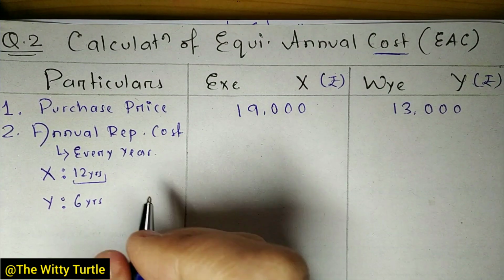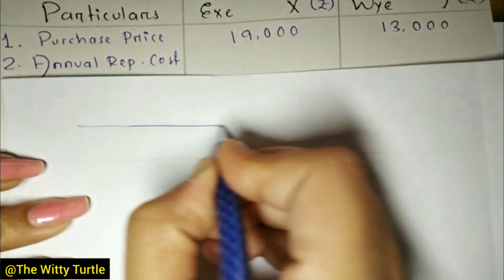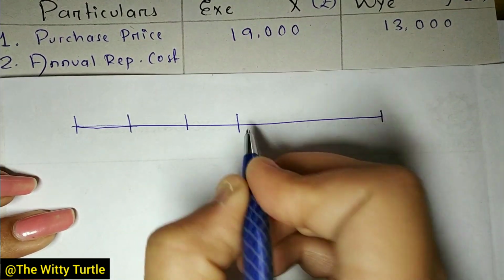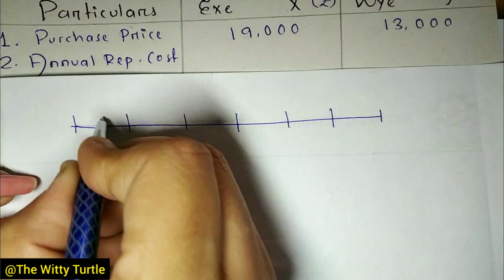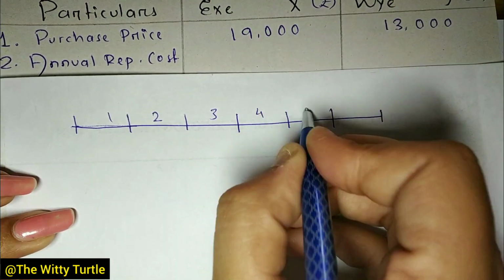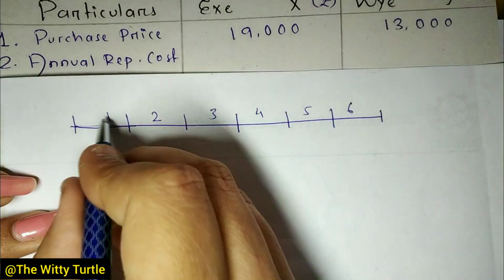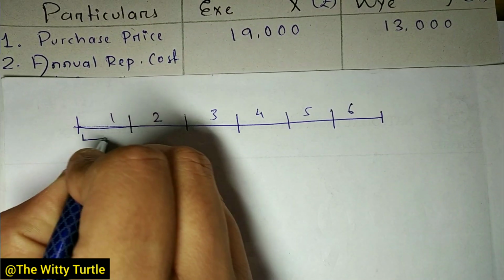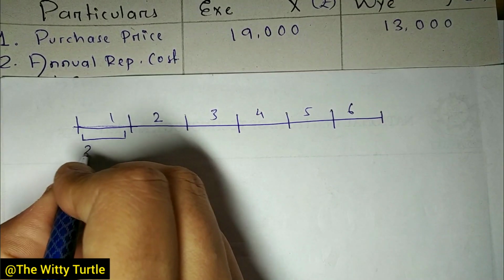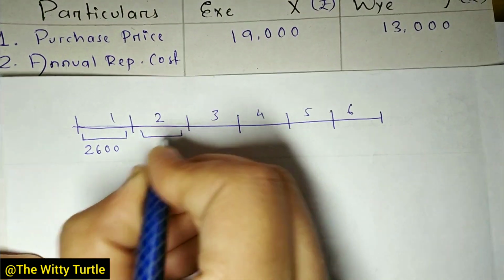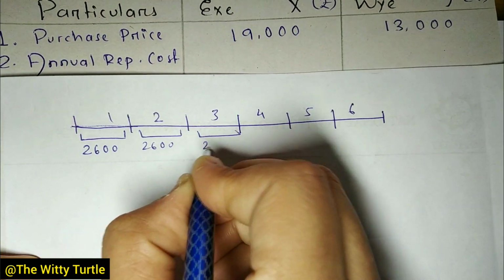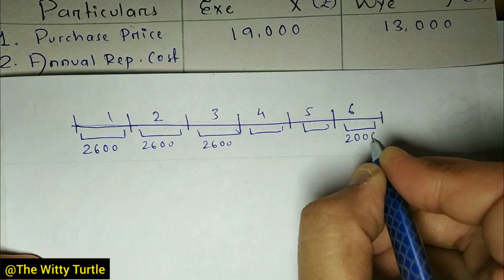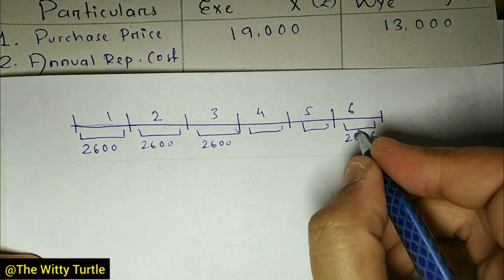So what will that be? I am making you understand this again because this is very confusing. 1 2 3 4 5 6, okay, these are all years. 1 2 3 4 5 6. So what is happening here? Every year for machine Y, you are incurring 2600.